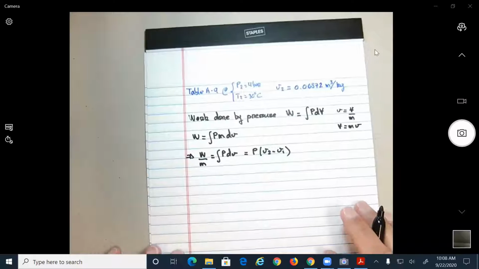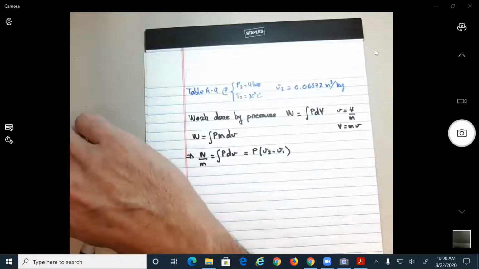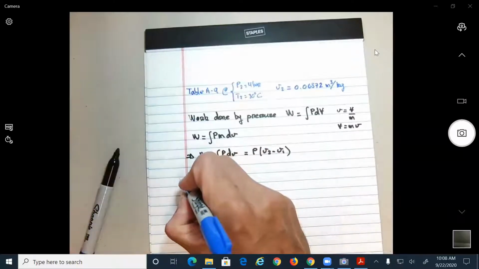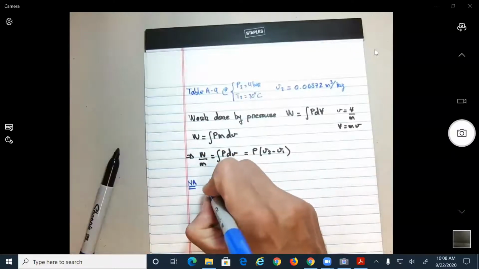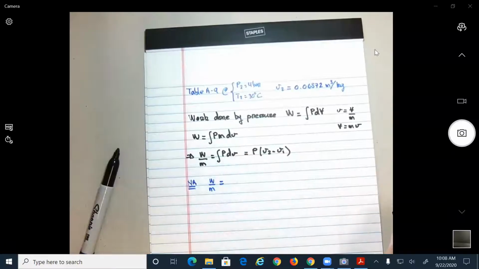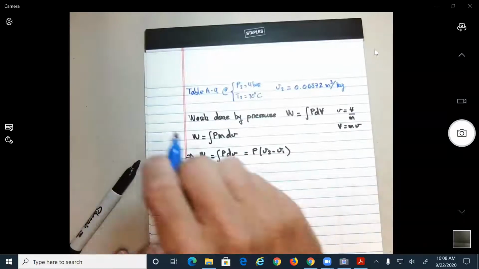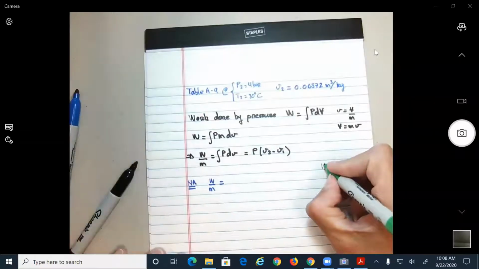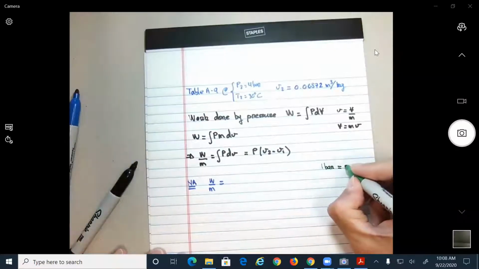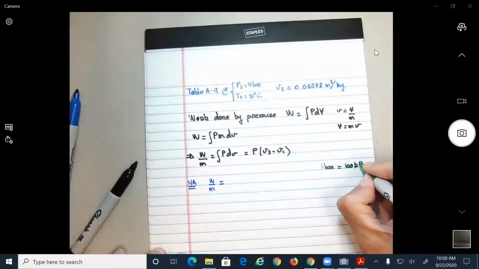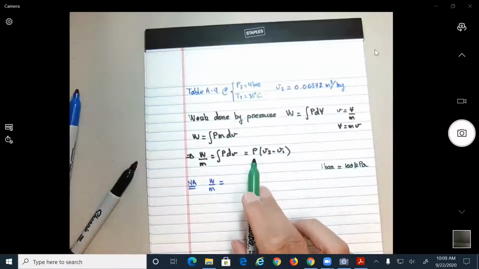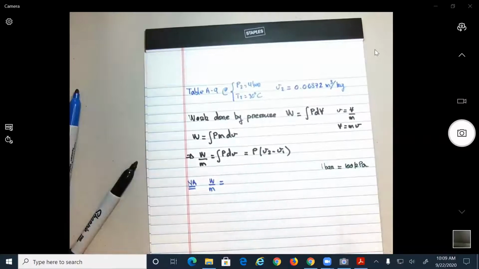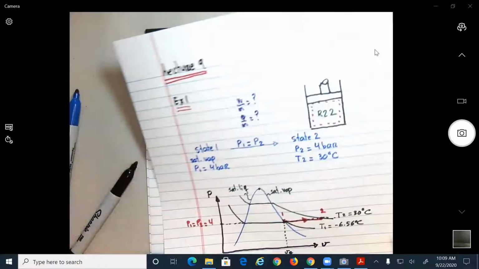Okay? So we can write now, numerical application if you want. We're gonna have work over m is equal to 4 bars, but 1 bar is, you can look at the table, but by now you should start getting familiar, 100 kilopascals. Okay? P2, because of the figure, pressure is constant and is equal to 4 bars, no?